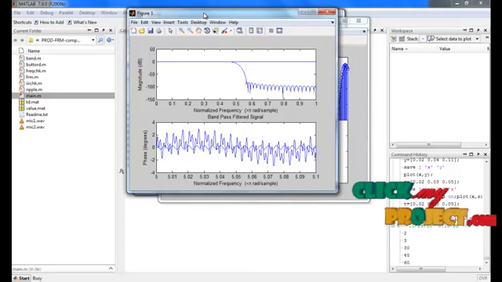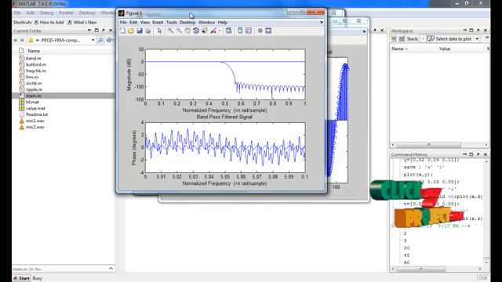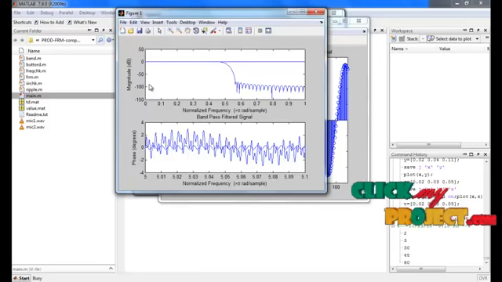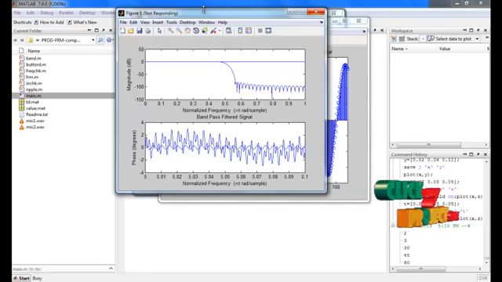So let me explain the graphs and their output. Initially, figure 1 is displayed as a constant.